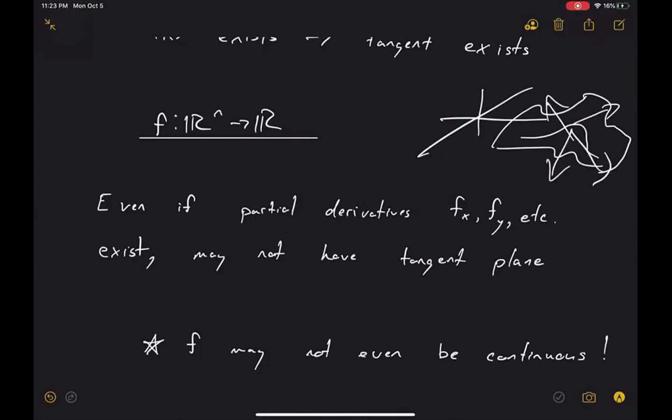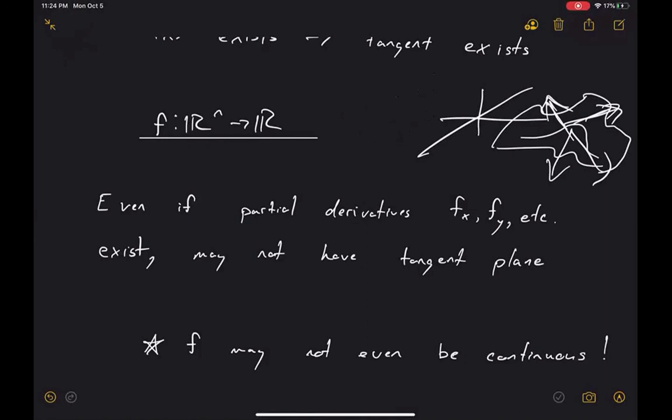How can I guarantee that all of these different tangent lines all fit into some nice plane? Maybe most of them fit into this nice plane, but then one of them goes off on its own, pointing at a funny angle or something. So how can I guarantee that I can capture all these tangent lines in a single tangent plane? That's kind of difficult, right?